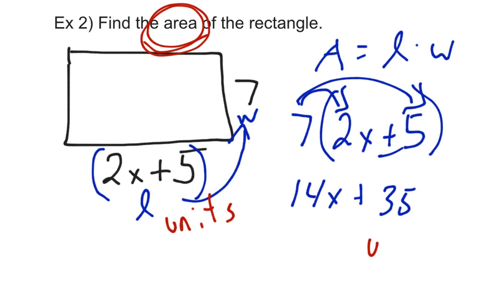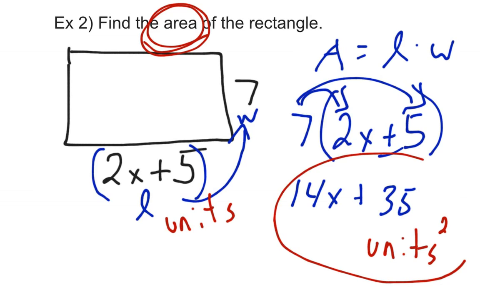So when I write my answer here, area is always measured in square units. So I say units, and then the little square goes on the label alone. It's always on the label, nothing else. So my final answer here is 14x plus 35 square units. And that's it. That's the end of the lesson.